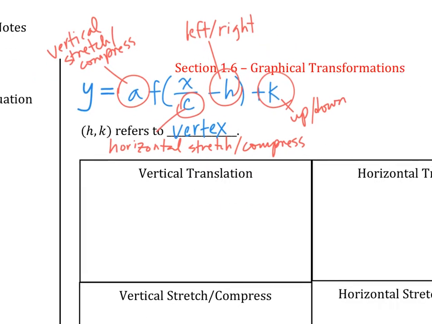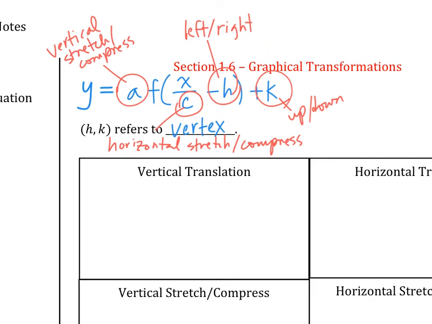All right, so now let's write down the notes, same thing as last year. So when K is greater than 0, which direction do we move? Up. And then when K is less than 0, it's going to go down.